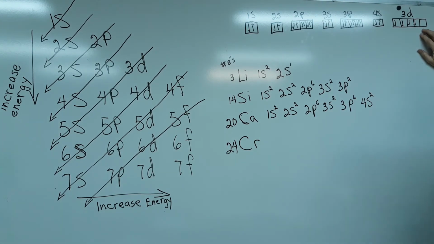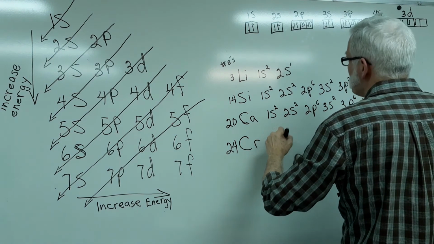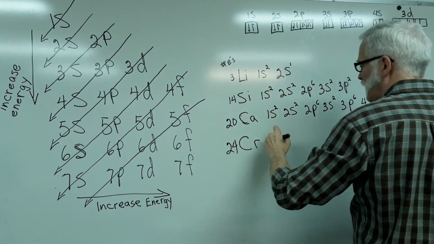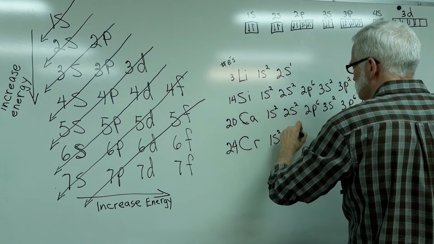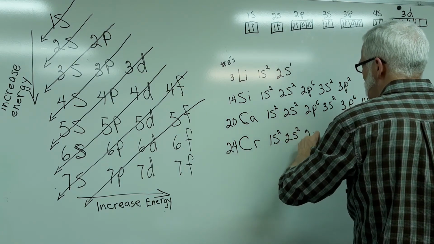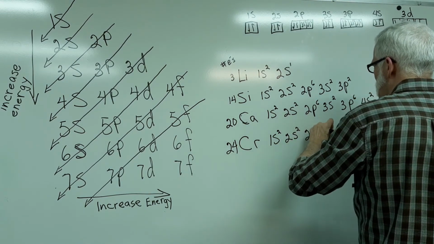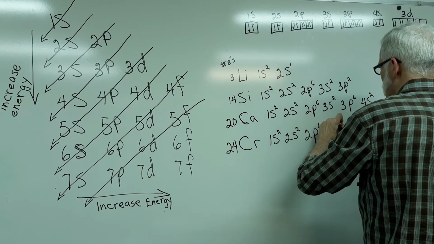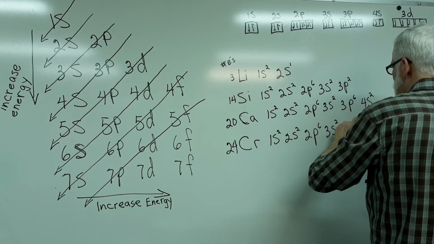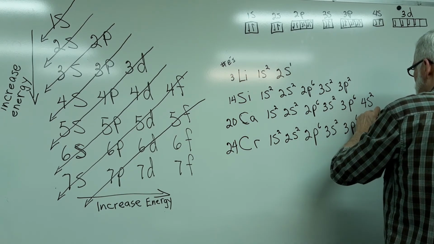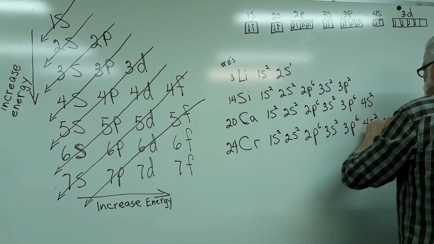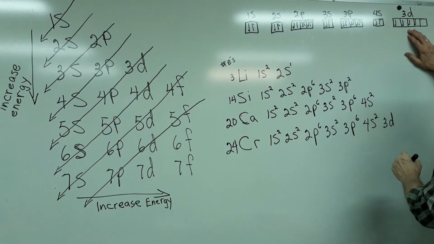And so that's going to give us 20, 24. We've added 4 more, so we've got 1s2, 2s2, 2p6, 3s2, 3p6, 4s2, 3d4.